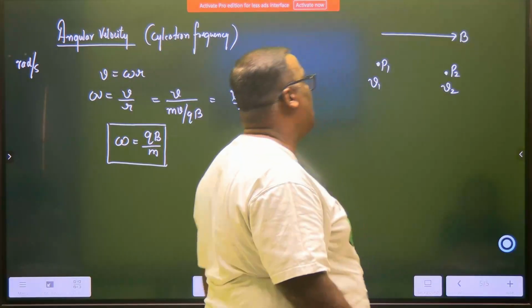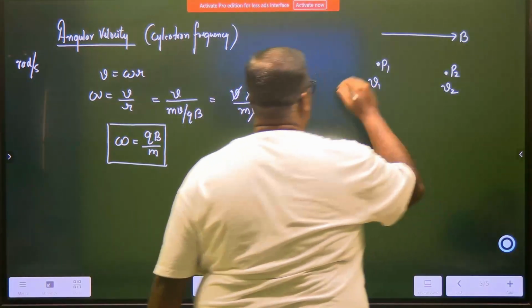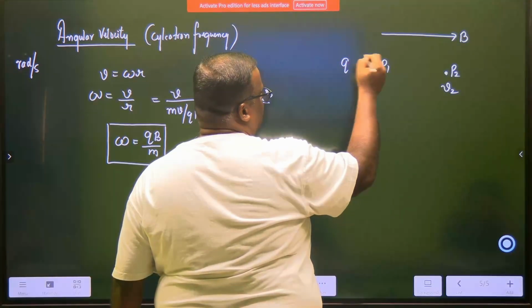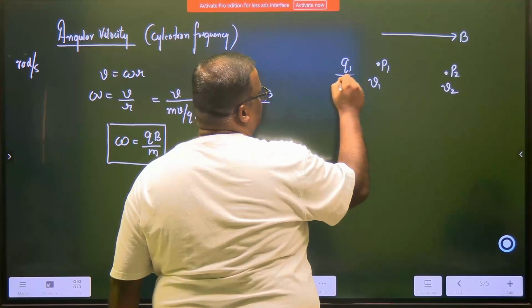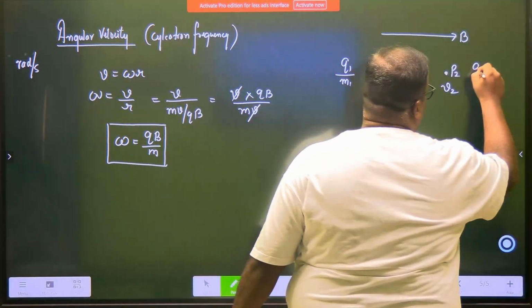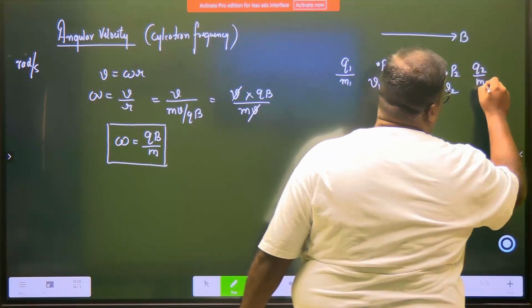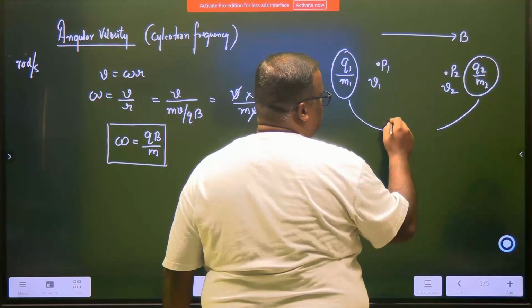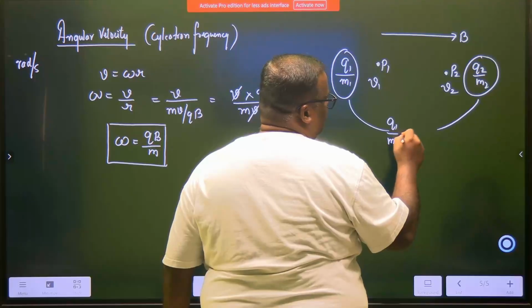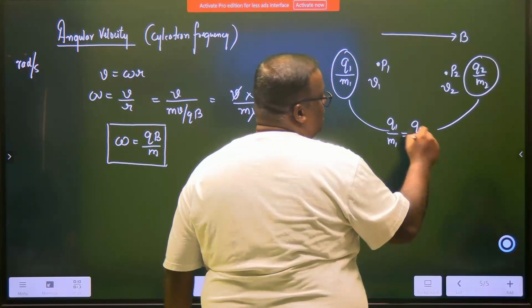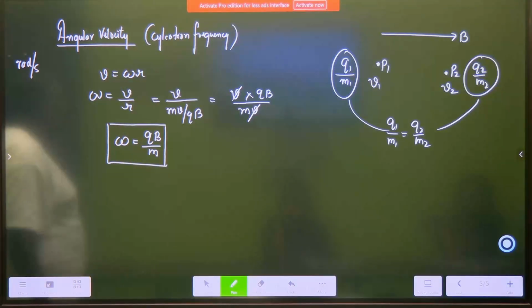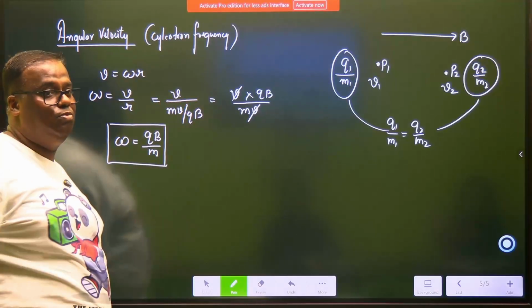If I look at the ratio, P1 must be a charged particle, its charge is Q1 and its mass is M1, and P2's charge is Q2 and its mass is M2, and by some method you made these two equal: Q1 by M1 is equal to Q2 by M2. That means both the particles will have the same angular velocity, though their velocities are different. Very interesting observation.